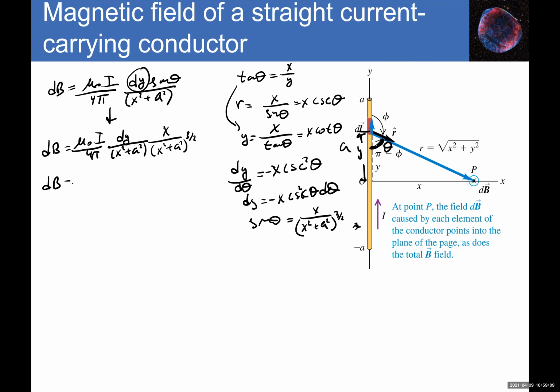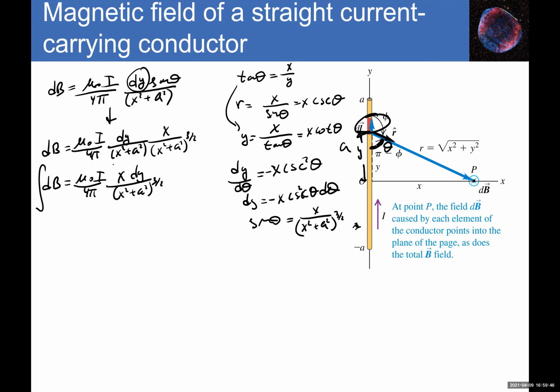So I end up with dB equal to mu naught I over 4 pi, then x dy over x squared plus a squared to the 3/2. So that's the expression for this small element at that point P, and I can calculate the value for that. But if I want to find the whole thing, then I obviously need to integrate.